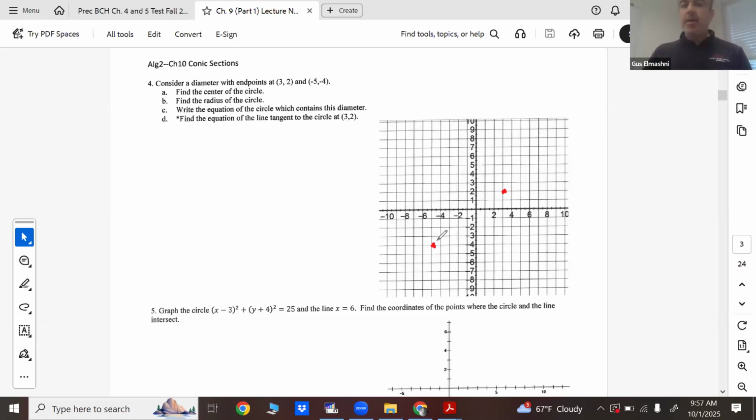The x's and the y's exactly, which would be -1 comma -1, actually. You get 5 for the radius. Yeah, it's lovely when it happens.